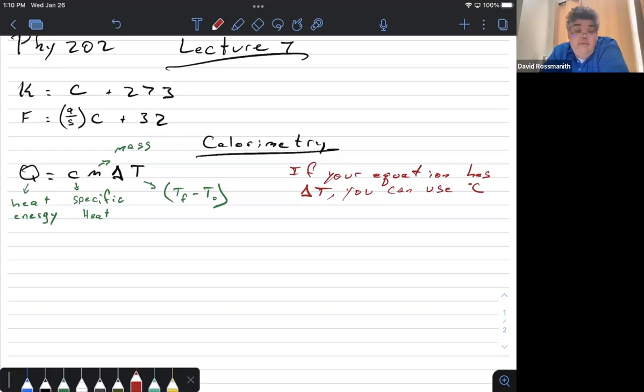You don't have to. You can always use Kelvin if you wish. But if the equation has delta T in it, since Kelvin and Celsius are the same size, delta T for Kelvin is the same as delta T for Celsius. So that's up to you when you're solving the problems. Do you want to use Celsius or Kelvin?